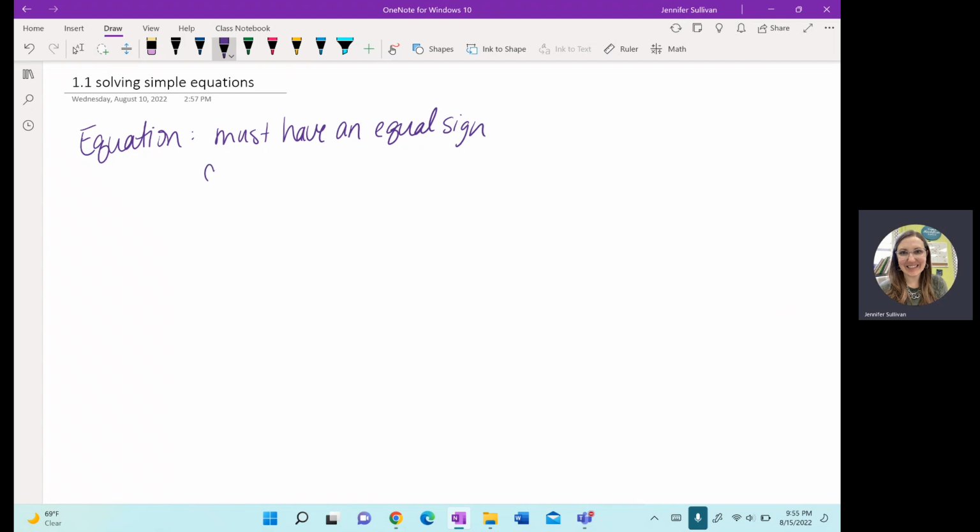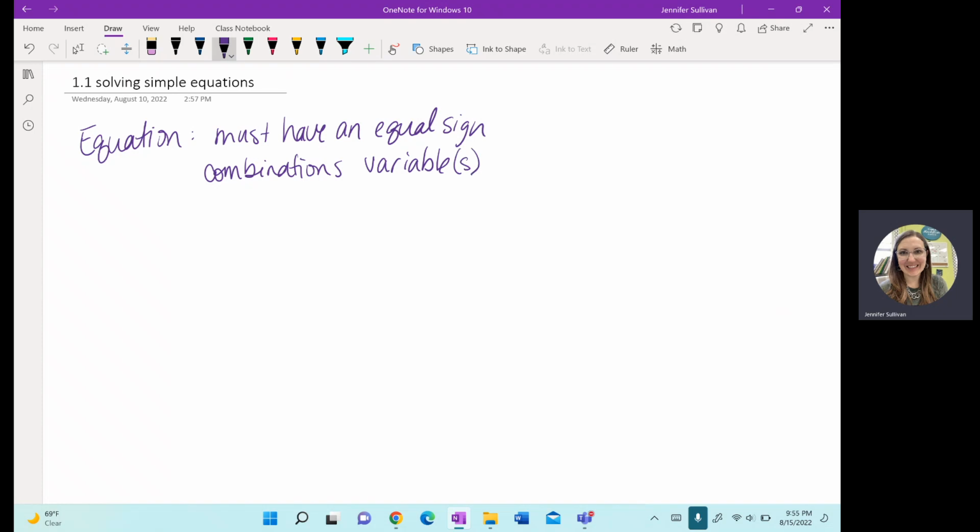Equations also have a combination of variables. Sometimes there's only one variable, sometimes there's more than one. So we'll put the S in parentheses because it's optional, either one variable or multiple variables.